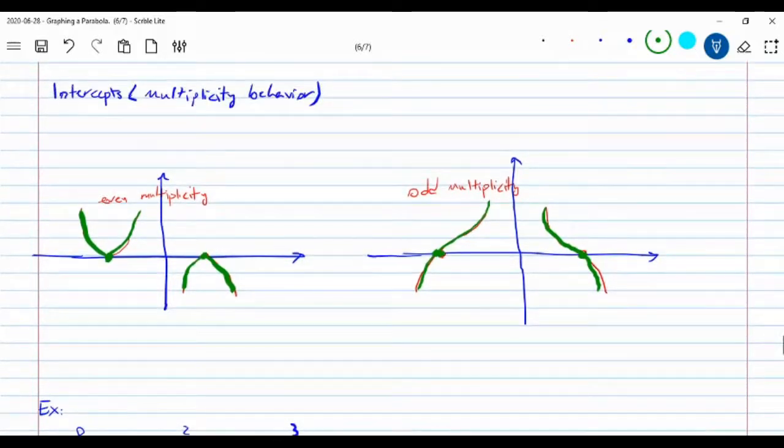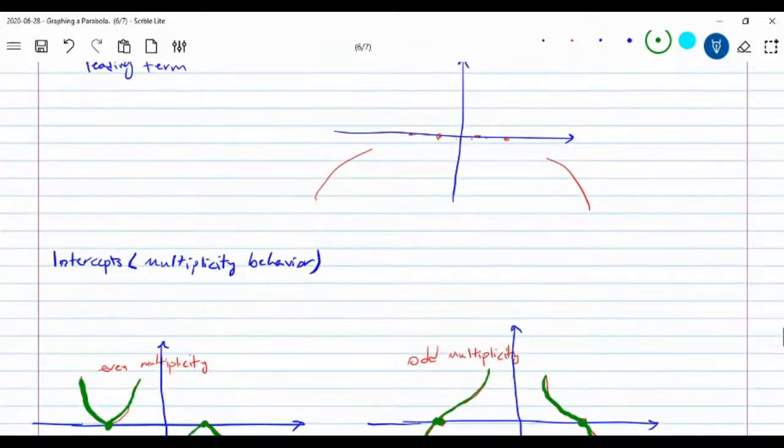We're going to use this to fill in the gaps in between. So if I knew this is, for example, an odd multiplicity, the graph will come here and cross. Let's say we know this one is even, and it will touch and come back. And let's assume this one is even again, it touches and comes back again. And this one is odd, then it crosses.